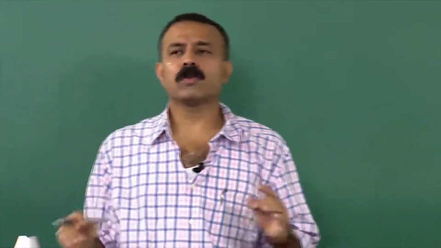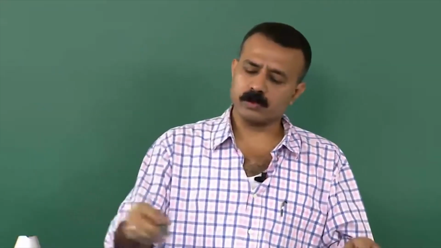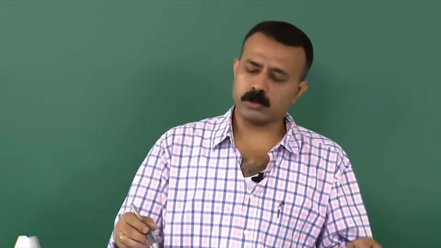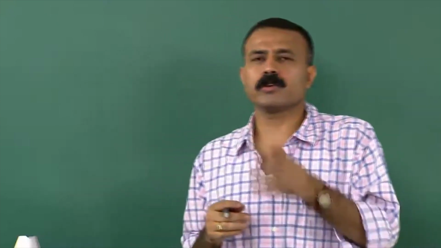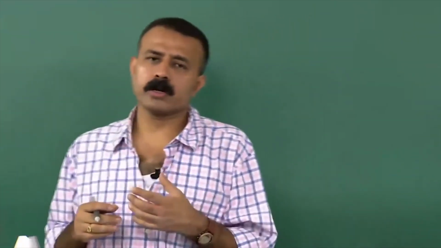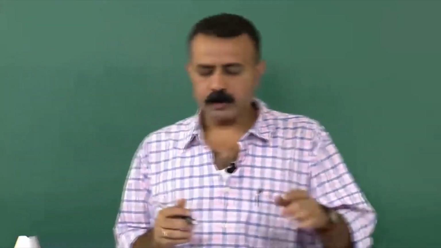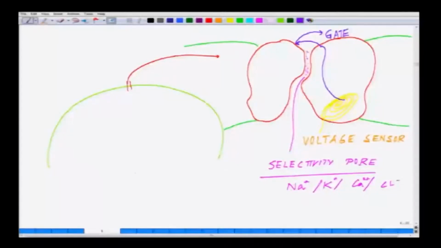Now, in terms of the molecular structure of this whole thing, this is the gross molecule. In terms of the nitty-gritty details of the molecular structure, this is nothing but a simple protein which has acquired a shape like this. It could be a monomeric protein, a dimeric protein, a trimeric protein, a tetrameric protein, a pentameric protein, or a hexameric protein likewise. Whenever we talk about protein, if this structure boils down, there are amino acids like this.